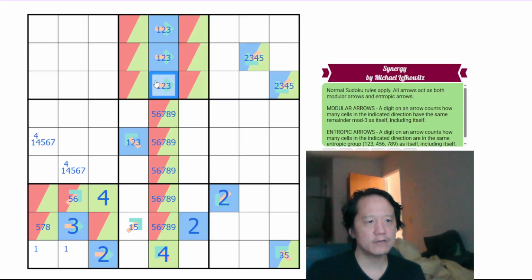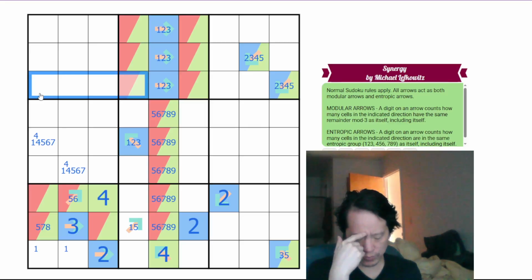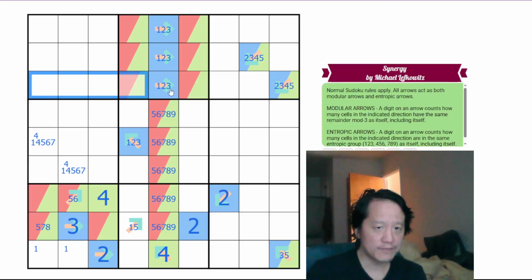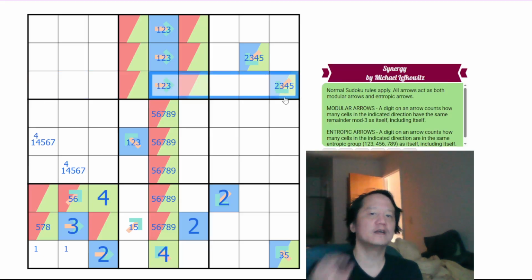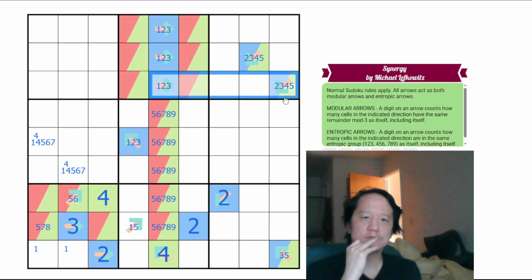So that would mean in the row, 2 and 3 would have to be on the other side, and 4 and 7 would have to be on the other side. So this would have to see then 5, 6, or 8.